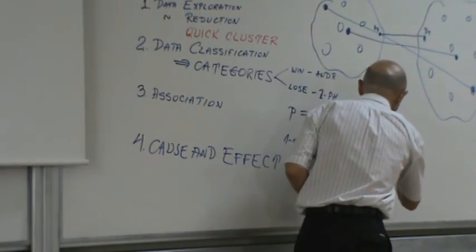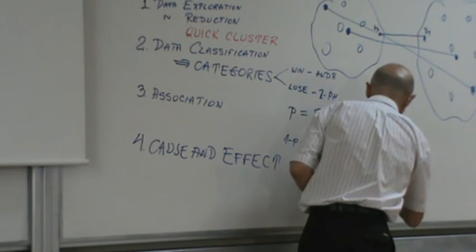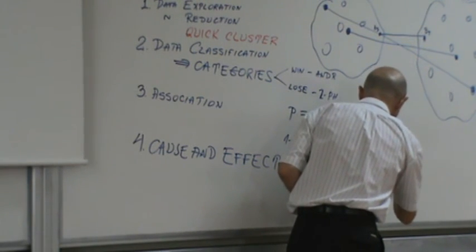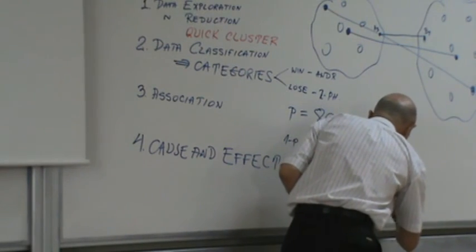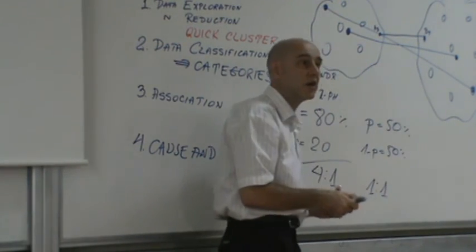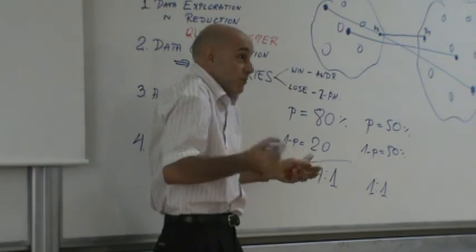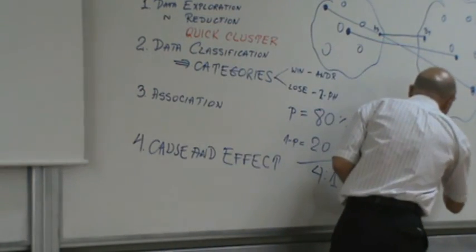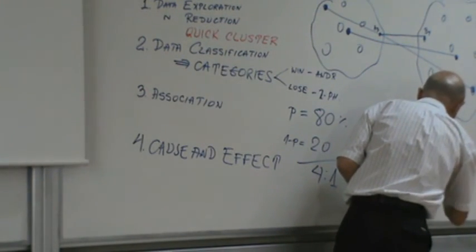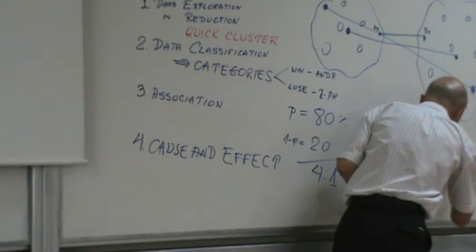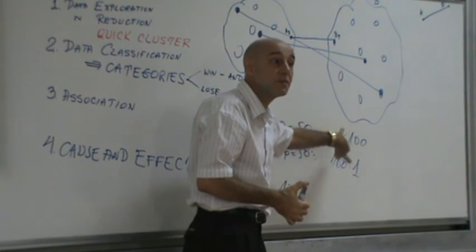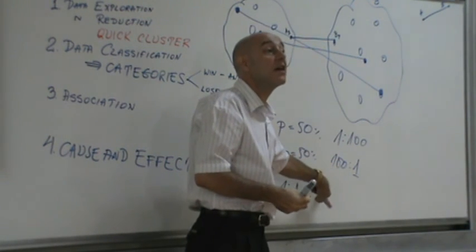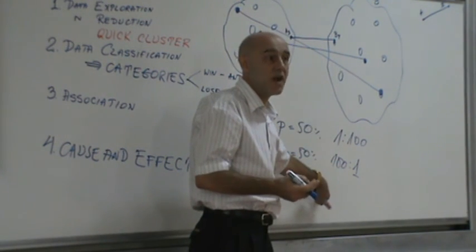Well, if P is 50% and 1 minus P is 50%, the ratio is 1 to 1. Well, the ratio could be 1 to 100. It could be 100 to 1. It could be 1,000 to 1. So the ratio could be pretty much any positive number.